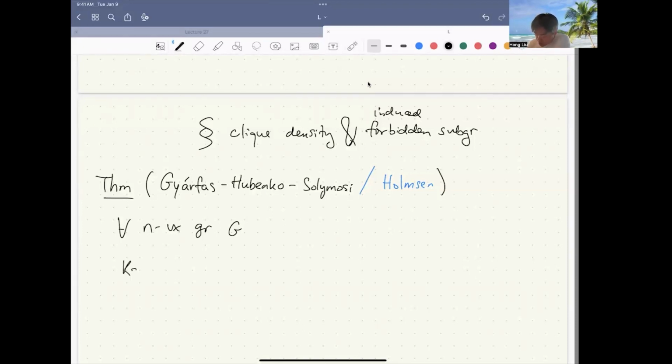So let me write K_2(G), this is the edge density.